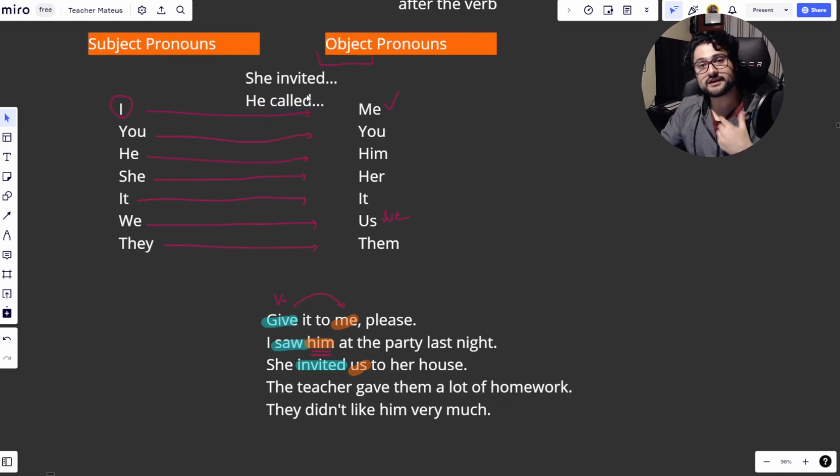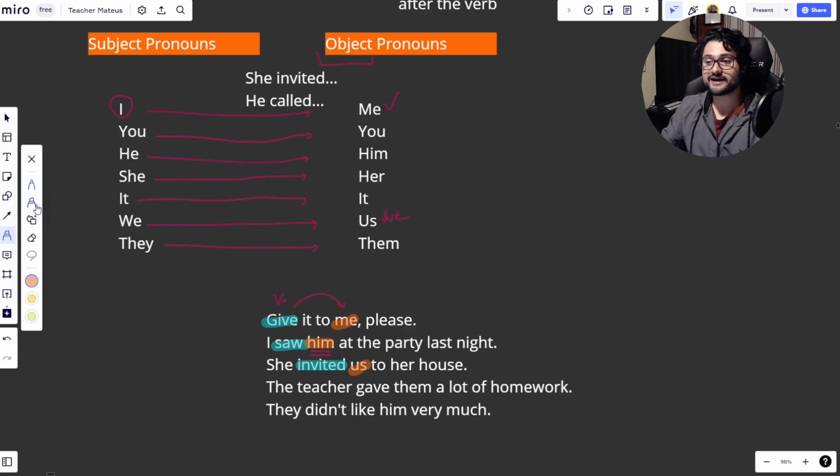He called me, he called you, he called him, he called her, he called it, he called us. And then finally, he called them. We see that the object pronouns are always after the verb. In this case, the verb was called. In the first case it was invited.